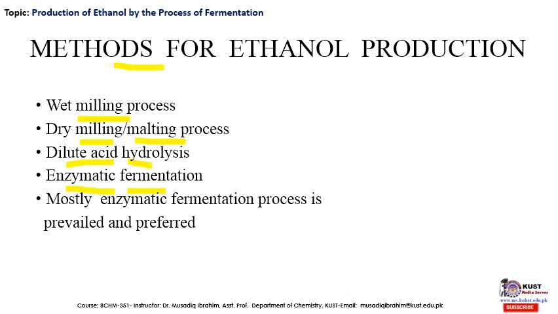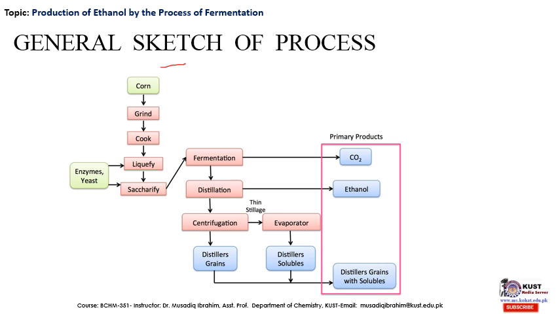Now the enzymatic fermentation process prevails in the biochemical industries and it is also preferred. The general sketch of the process is shown in this figure, in which you can see that first of all you have corn, which is subjected to the grinding step, then to the cooking step, and then to the liquefied state.